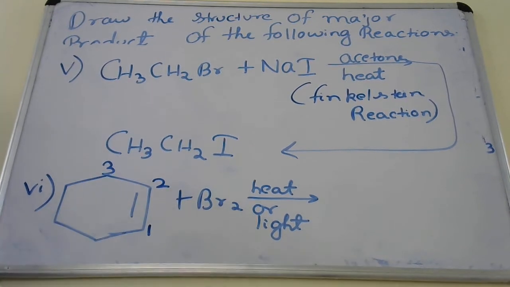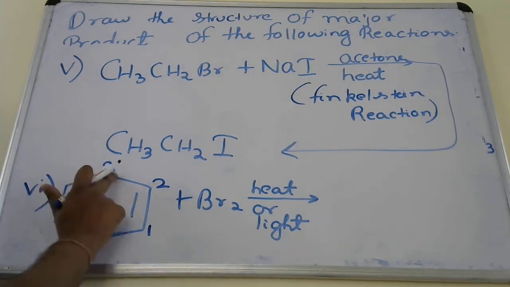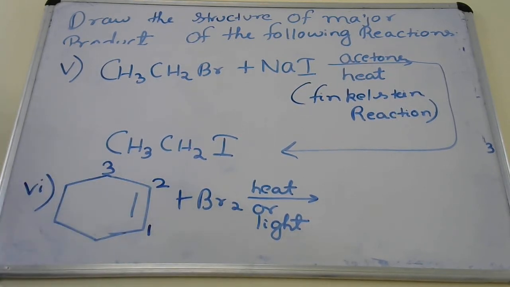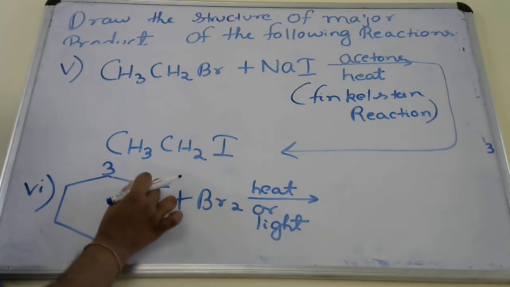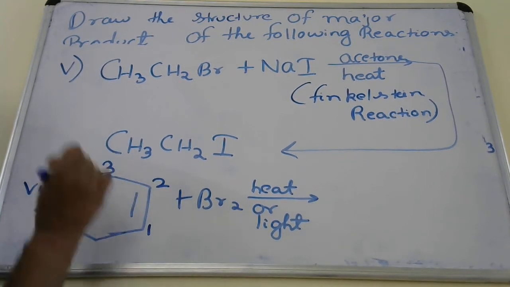Number 3 position is your allylic position. The carbon next to the double bond is called allylic carbon. Here is your double bond, here is another carbon at 3 position.